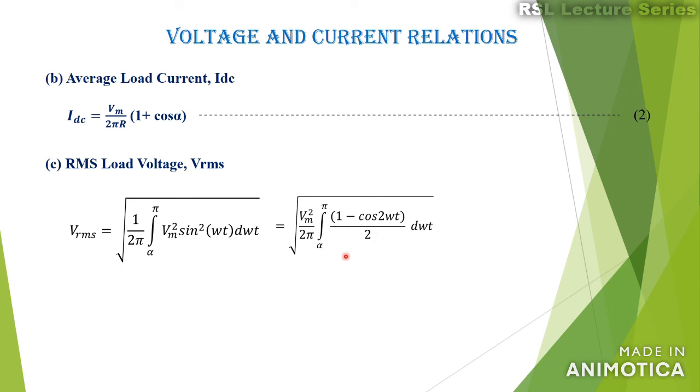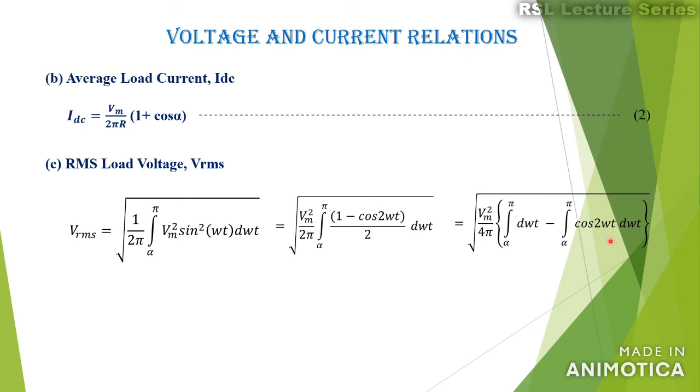So this 2 can be taken outside and this term can be written as Vm square by 4 pi. And we can divide this integration into 2. So we can write under root Vm square by 4 pi, integral first term is d omega t over the limits alpha to pi, and integral of alpha to pi cos 2 omega t d omega t. So this is the second term.